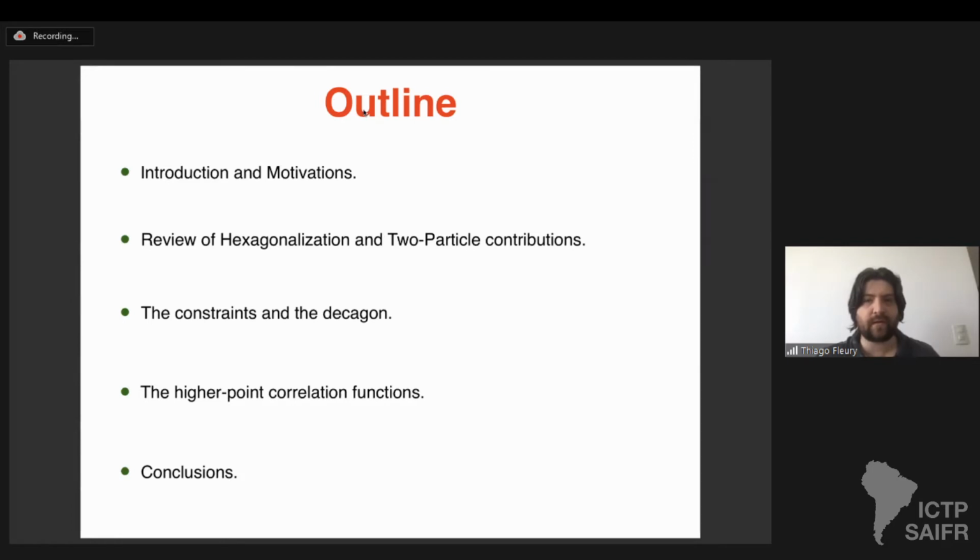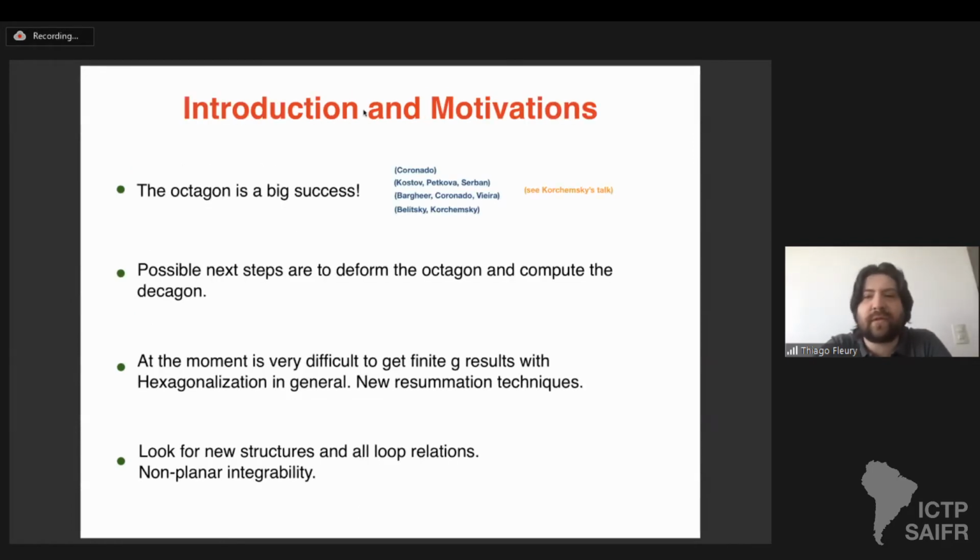So, okay, let's go to the introduction and motivations. As you saw in the last talk, the octagon was a big success with many very nice results. So the possible next step in this hexagonalization may be to deform the octagon.